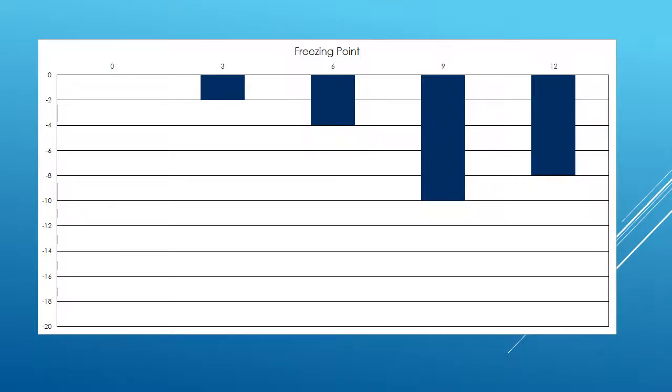This is not a good way to represent the data because it makes it a lot harder to compare each column. You need to be able to easily compare each data point that has been plotted on the graph. Overall, this graph does not provide a clear representation of the data, and it would not have obtained full marks in the assessment task.